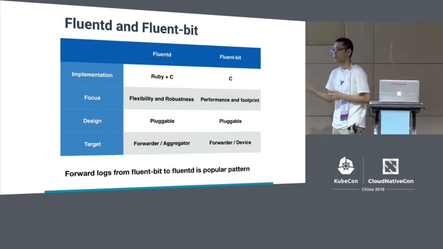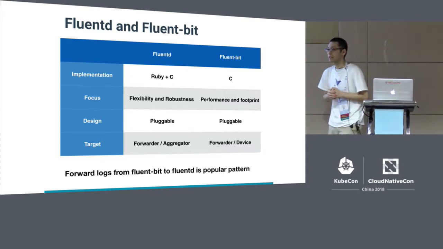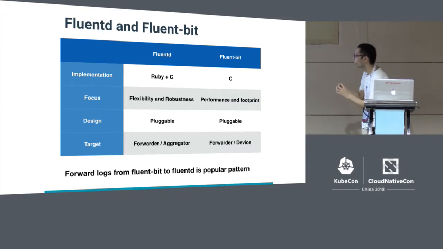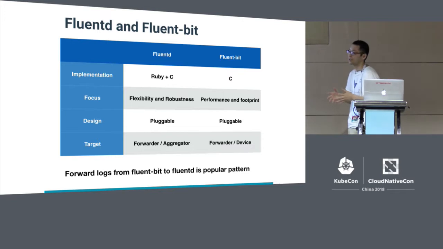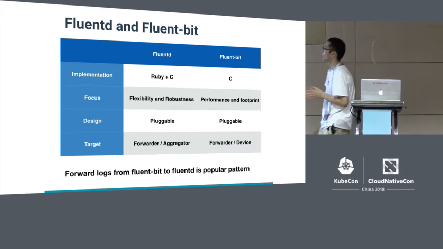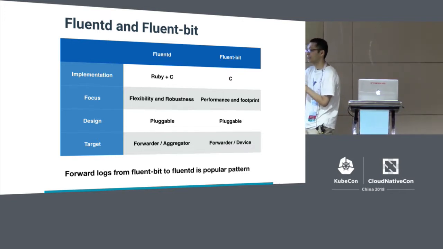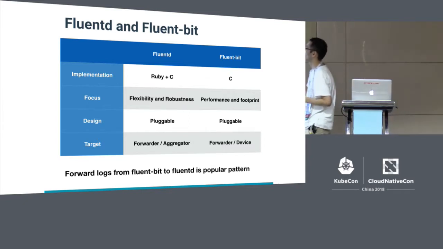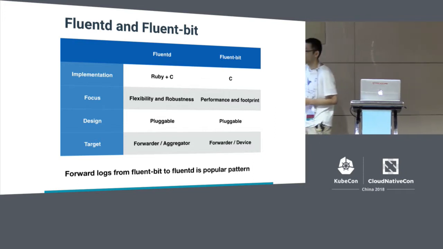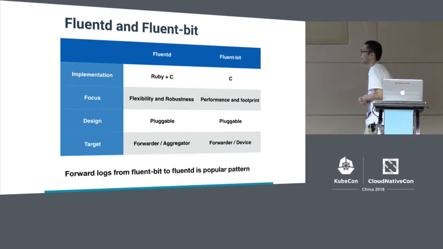But Fluent Bit is fully implemented in C, so it is very small and fast, which means it is resource friendly. In the container area, the forwarder side's resources are very tight, so Fluentd is sometimes not a fit for forwarder use cases. In this case, Fluent Bit is a very good fit for forwarder use cases.